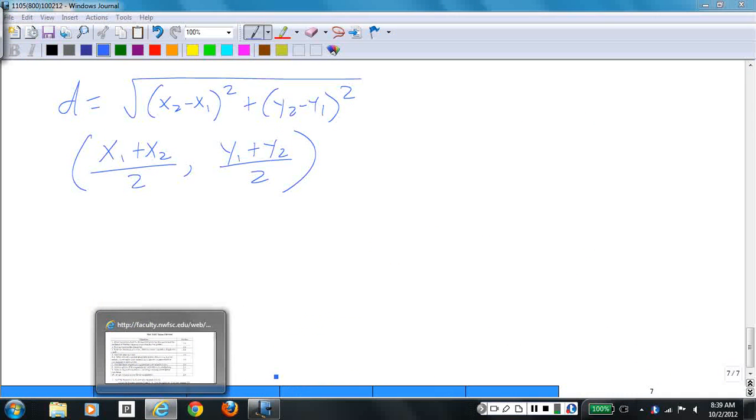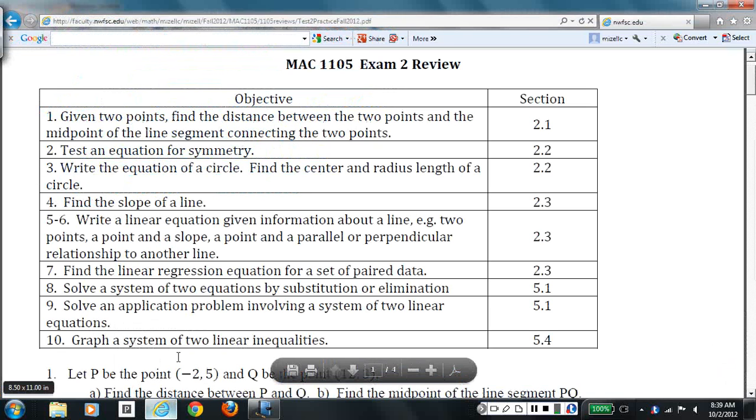Testing equations for symmetry. If we're looking at an equation with x's and y's in it, we may have no idea what the graph looks like, but there's a nice, fairly simple test to determine whether or not the graph of that equation has x-axis symmetry, y-axis symmetry, origin symmetry, all of the above, or none of the above, those 5 possibilities.